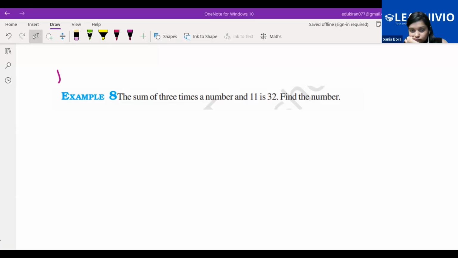Ma'am, the equation is 3x plus 11 equal to 32 and the answer is 7. The answer is 7.